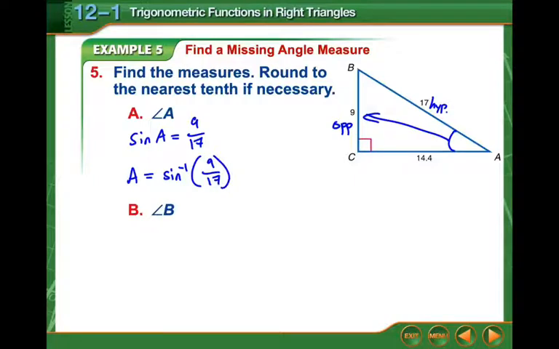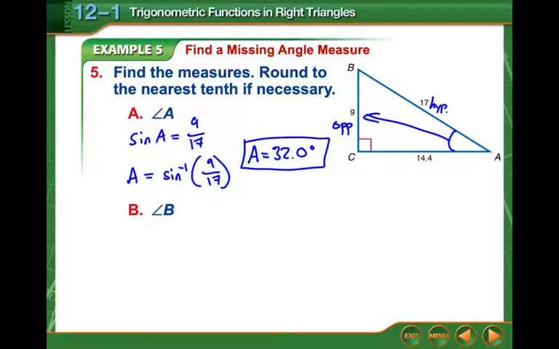Again, make sure your calculator is in degree mode. If not, it will give you an answer in radians, though, and it's going to be a decimal. And we haven't seen radians yet, so you're going to be very confused. So this comes out to be a nice, simple 32.0 degrees. Rounded to 32 even.